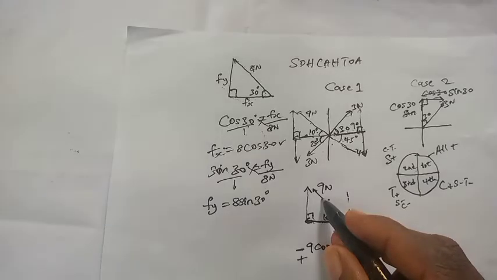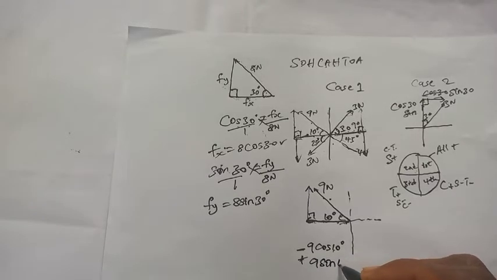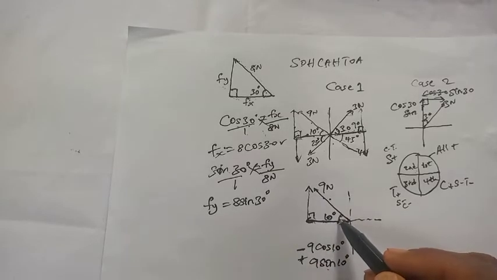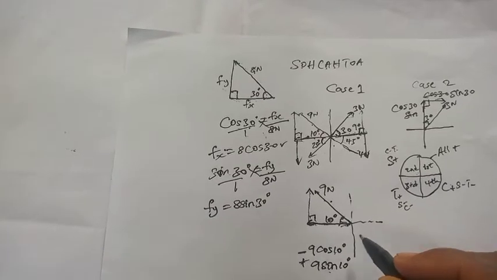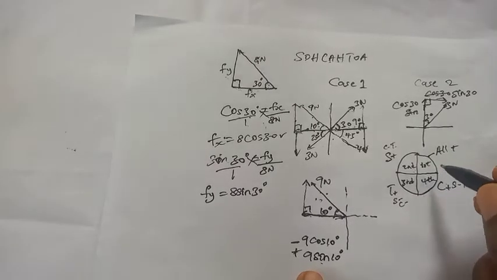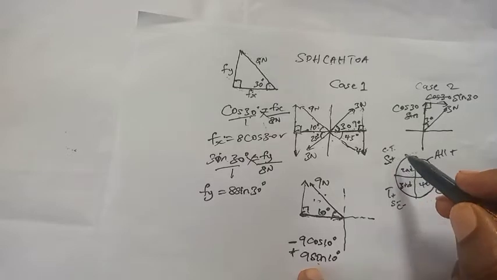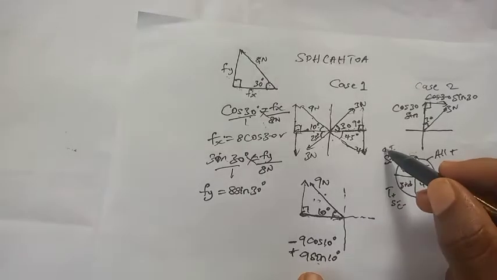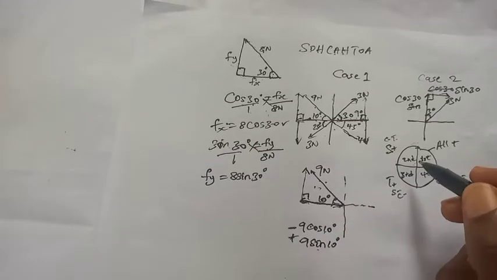The vertical component takes a positive sign, and it is 9 sine 10 degrees, sine because this is the line that is facing the angle in question. So this is how it goes. In this quadrant, sine is positive, hence the positive sign here, and cos is negative, hence the negative sign here. Understand?